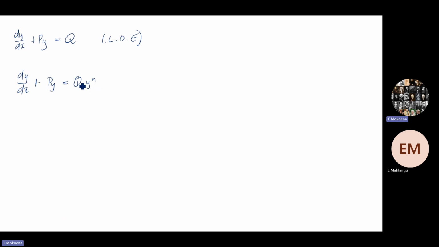So the moment our equation looks like this, it is no longer linear, it is non-linear. So here we have a non-linear differential equation. So in order for us to solve this type of equation, when we want to integrate, we're going to have to use the Bernoulli's method. Okay, fine.